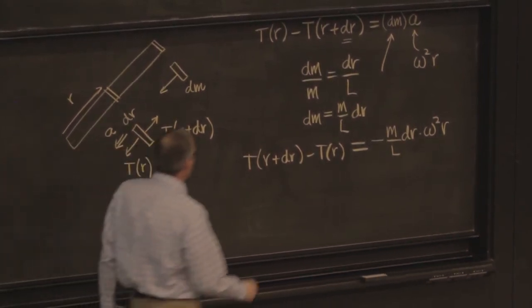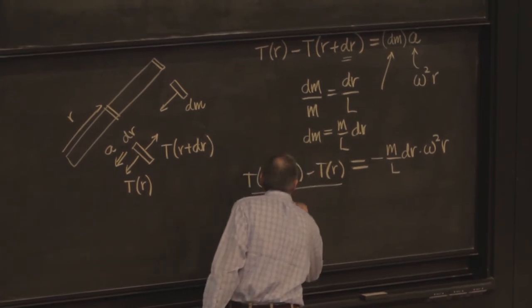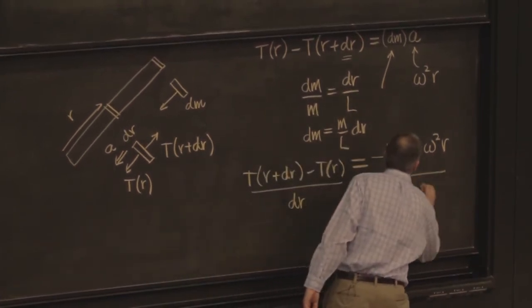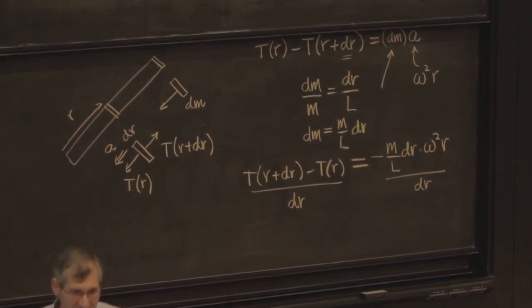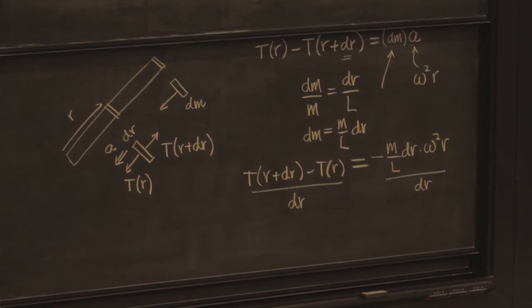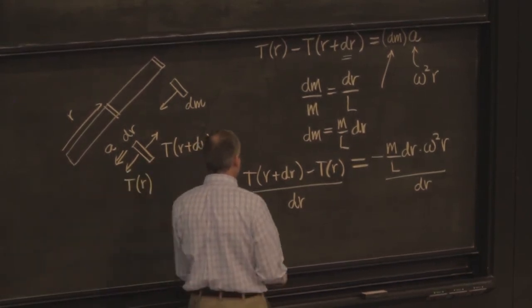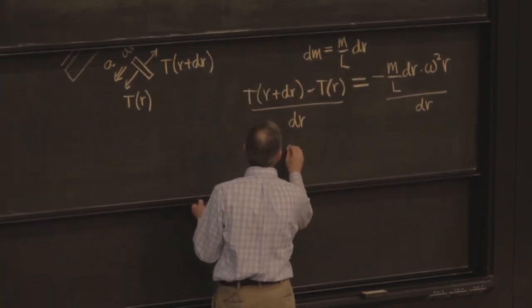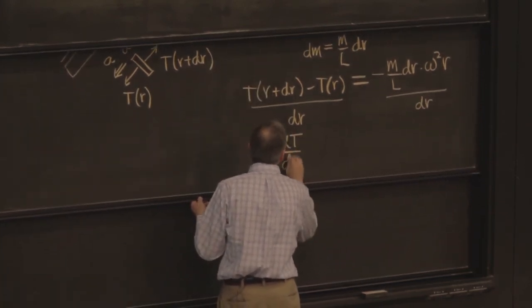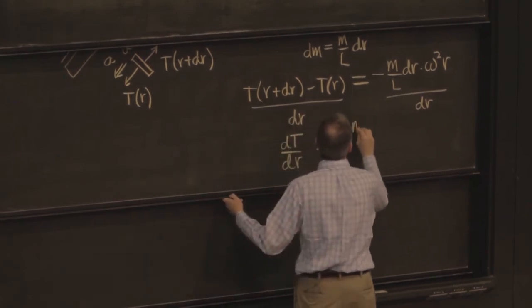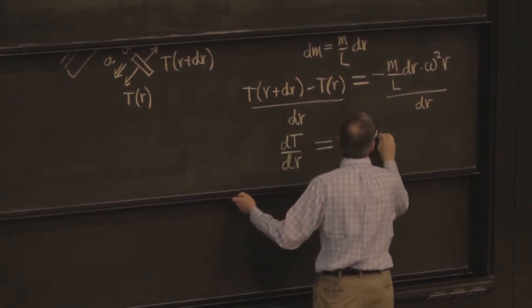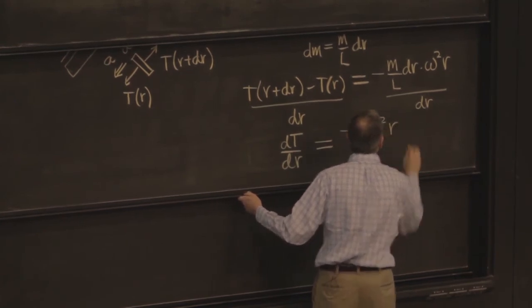Okay, what do you call the thing on the left, at least in the limit as dr goes to 0? That is the derivative of the tension with respect to r. So this is dT/dr is equal to minus m over L omega squared r.